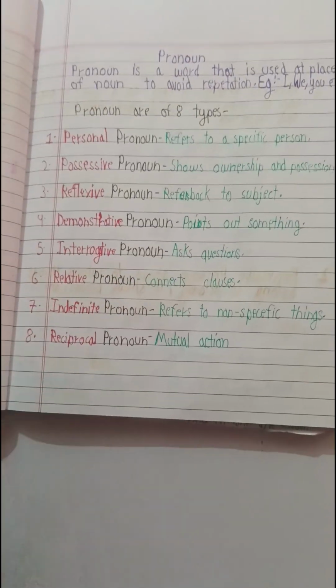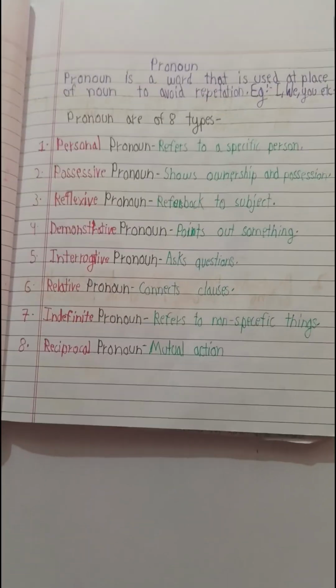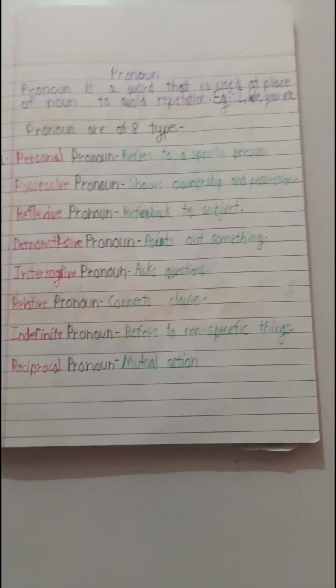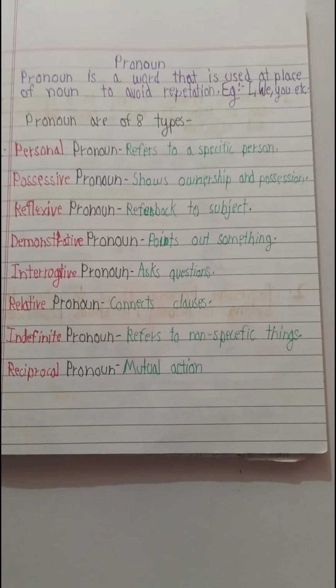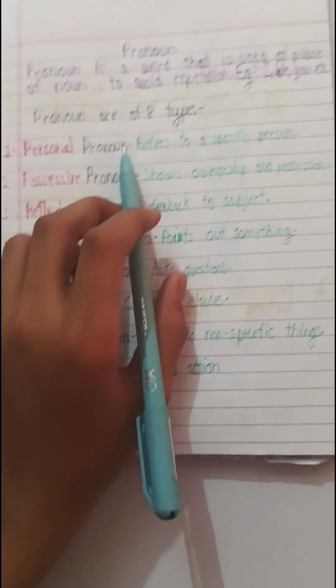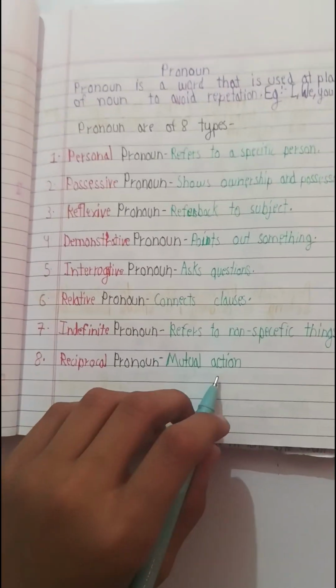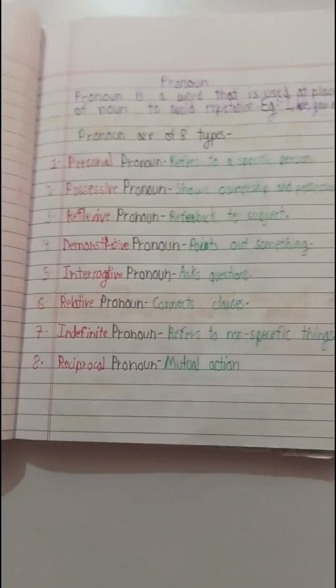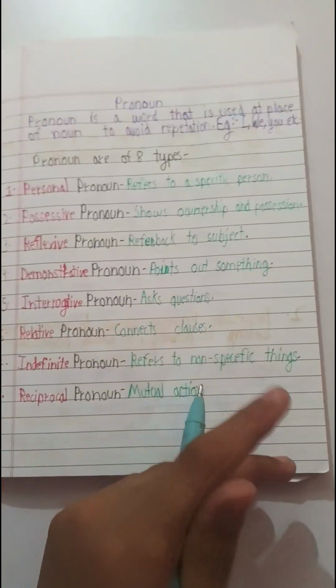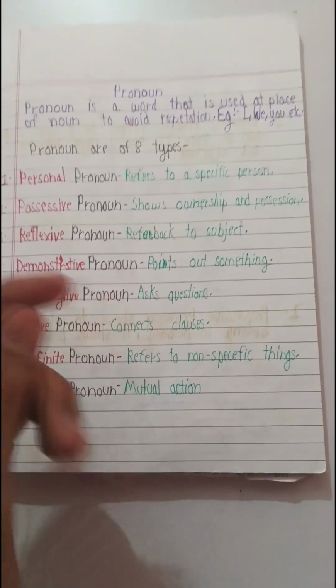The indefinite pronoun refers to non-specific things. Here we do not point out someone like in the personal pronoun. Then the reciprocal pronoun shows mutual action, meaning something someone has done is also done by someone else in return.